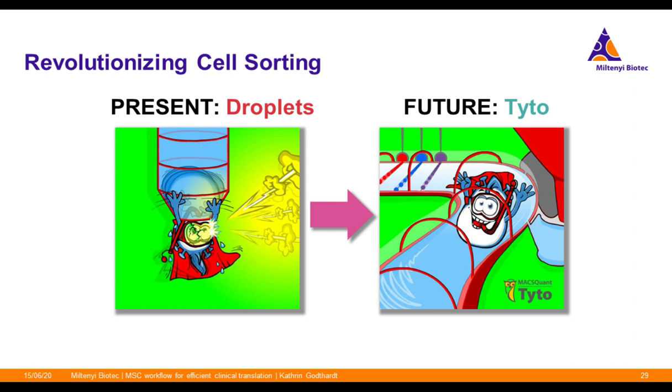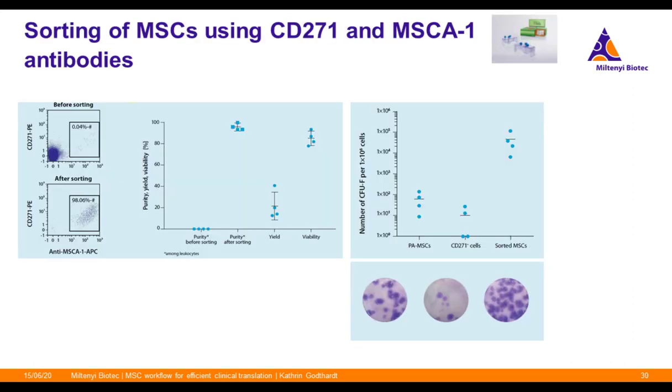So for the MSCs, we have done several experiments using this device, the MACSQuant Tyto, for sorting using CD271 and anti-MSCA-1 as specific markers expressed on MSCs coming from bone marrow.